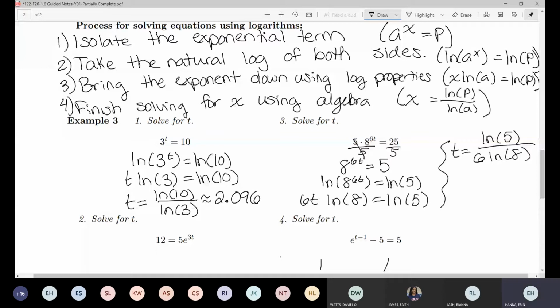If you want to do the natural log of 5 divided by 6 and then divide that answer by the natural log of 8, or vice versa, natural log of 5 divided by the natural log of 8, take that result divided by 6, go right ahead, whatever floats your boat. You're going to get the same answer.